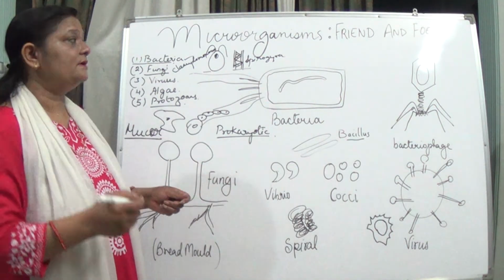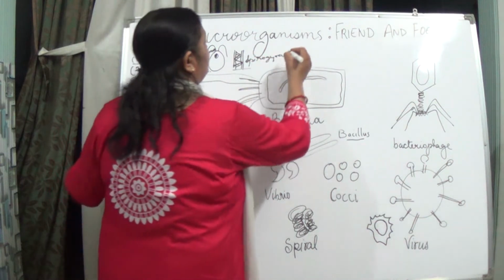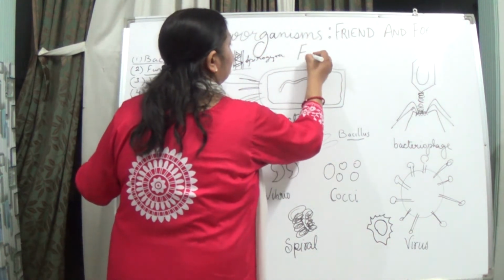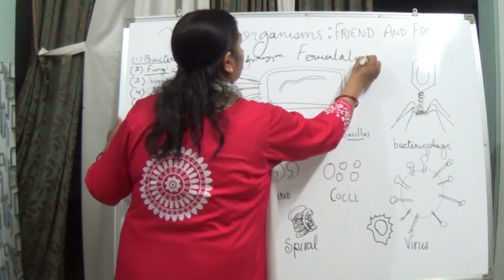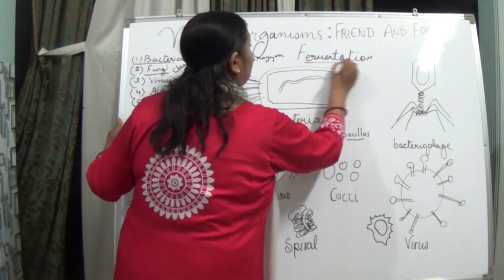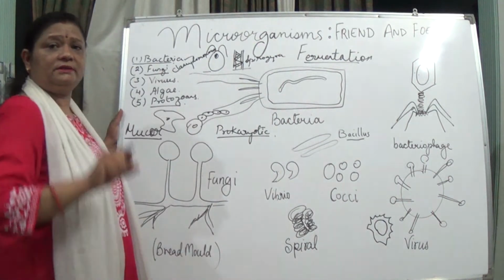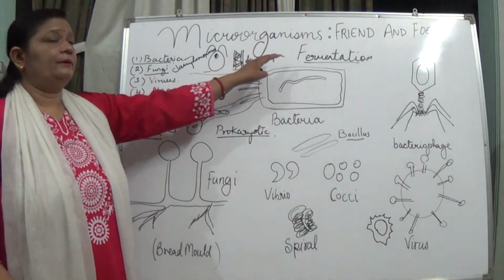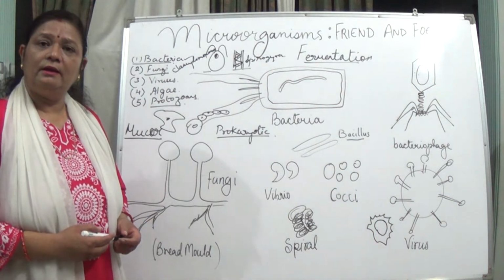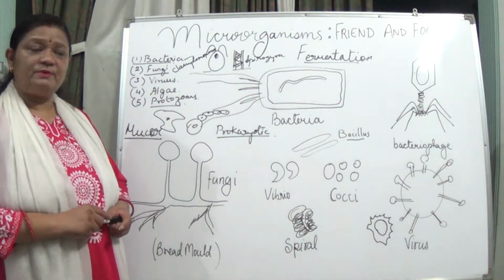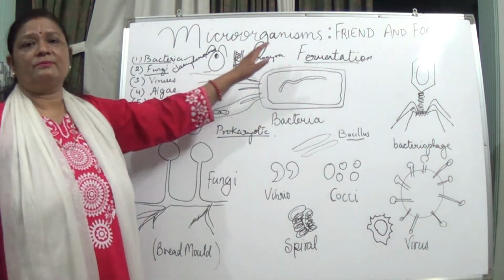Okay, and this process is known as what? Fermentation. So basically, the process of fermentation is carried out for the formation of alcohol. Okay, so alcohol is prepared by the process of fermentation.